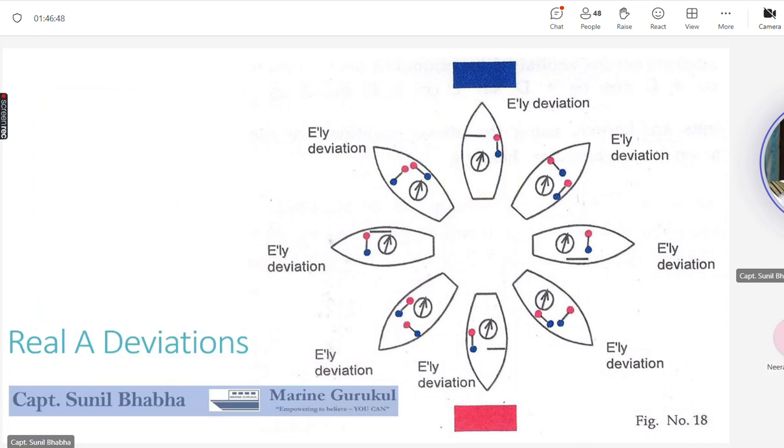Let's now take the ship on an easterly heading and understand the deviation generated. Now on the easterly heading, we can see that the fore and aft longitudinal is now at right angles to the magnetic field of the Earth. The Earth's magnetic field lines coming out from the red pole going into the blue pole are going vertically upwards.